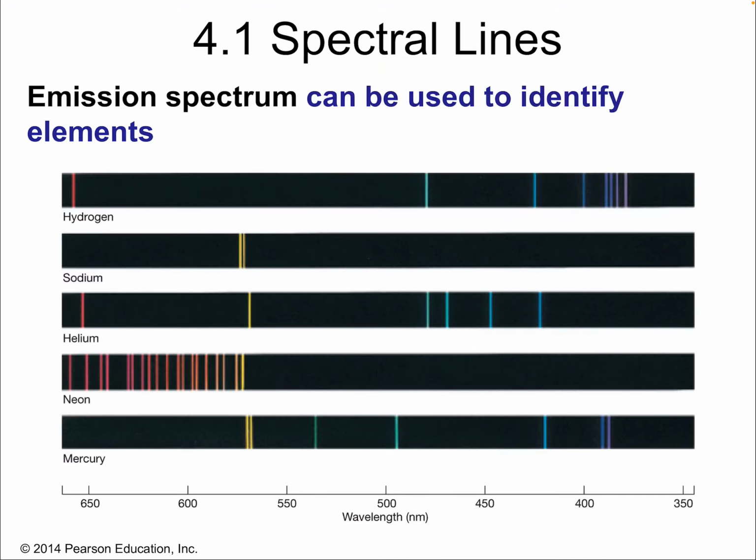Now, emission lines are different for different elements. They can be used to identify the elements. They're the fingerprint, just like people have distinct fingerprints, atoms have distinct fingerprints, but they take the form in reality of spectral lines. Hydrogen has a very simple emission spectrum, a simple set of spectral lines.